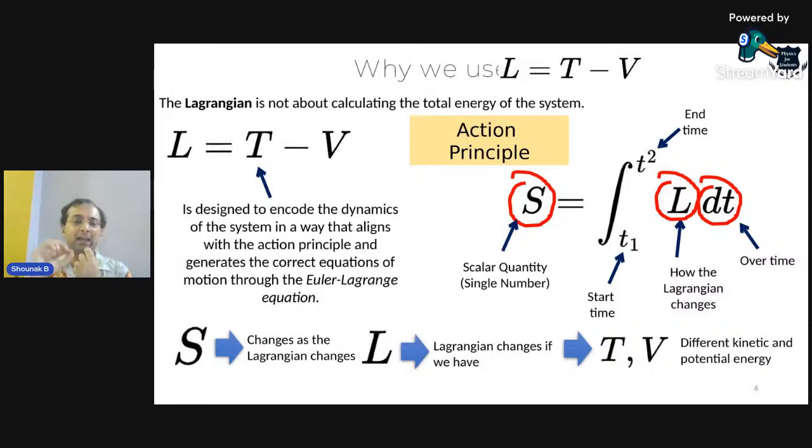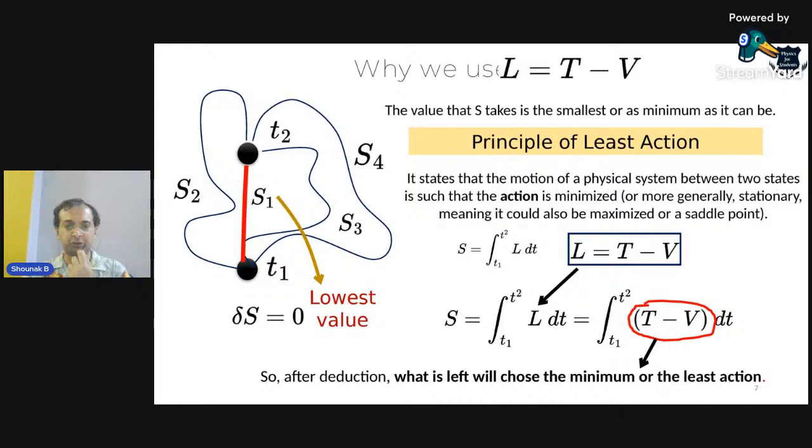The integral calculates the entire path of a particle starting at T1 and moving up to T2. And we get the action as a scalar quantity. Scalar means it is a singular quantity, which makes our calculations even easier. And this S changes as the Lagrangian changes, and the Lagrangian changes if we get different types of kinetic and potential energy. So this is basically the core of the Lagrangian, which is based on the principle of least action.